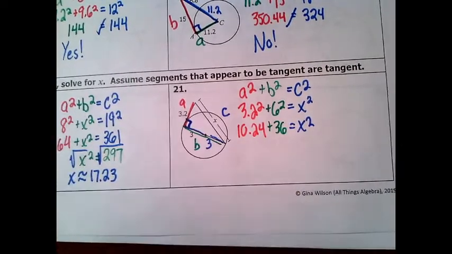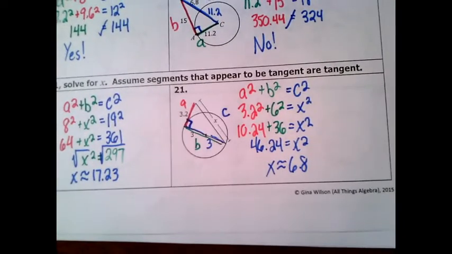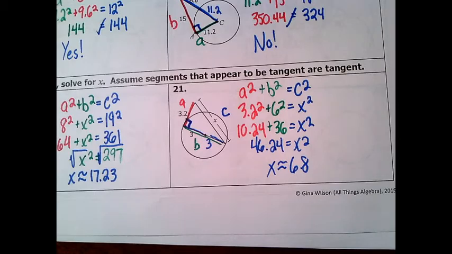When I add those together, I get 46.24 equals X squared. And then we square root both sides, and X is approximately 6.8. Ooh, there we go. All right, let's keep moving on here.